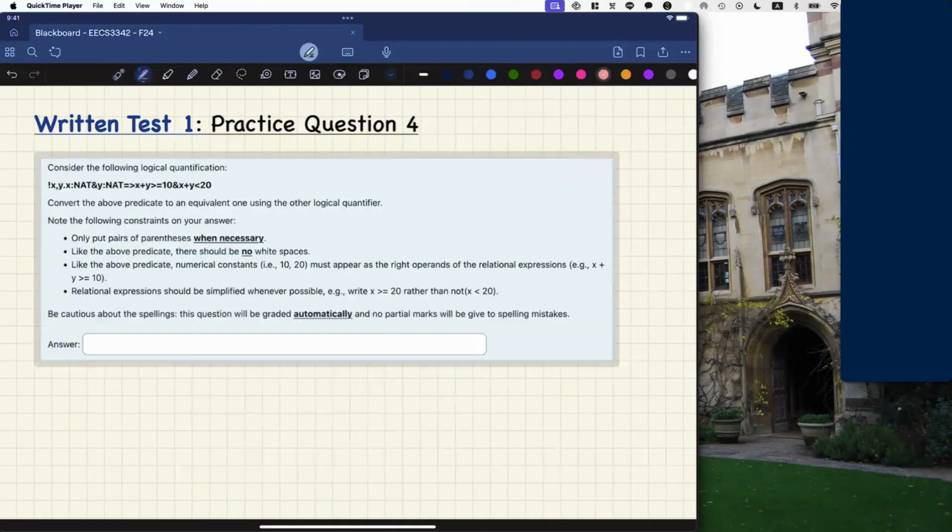So this one is about rewriting the predicates. We are rewriting a universal quantification into the other logical quantification, right? We do have a rule in the slides, so let me write down the rule over here.